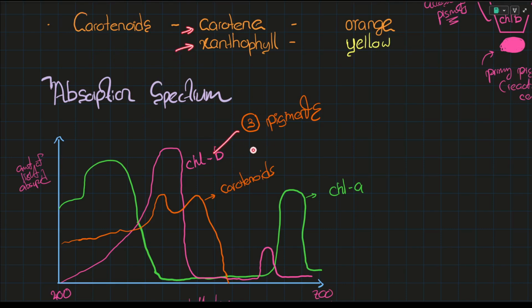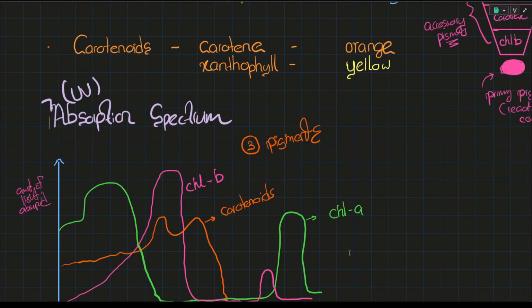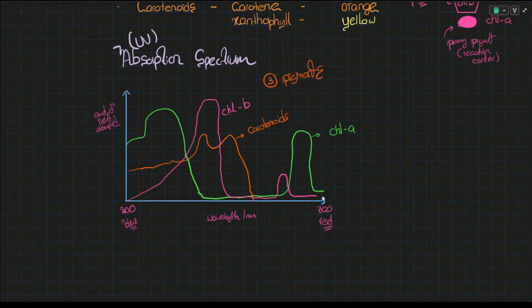That's the thing. So chlorophyll A, B, and the third set of pigments, the carotenoids, show similar behavior. This is what is known as an absorption spectrum, sometimes also referred to as a UV spectrum. You don't have to draw, you just have to know how to identify each and every one of them.